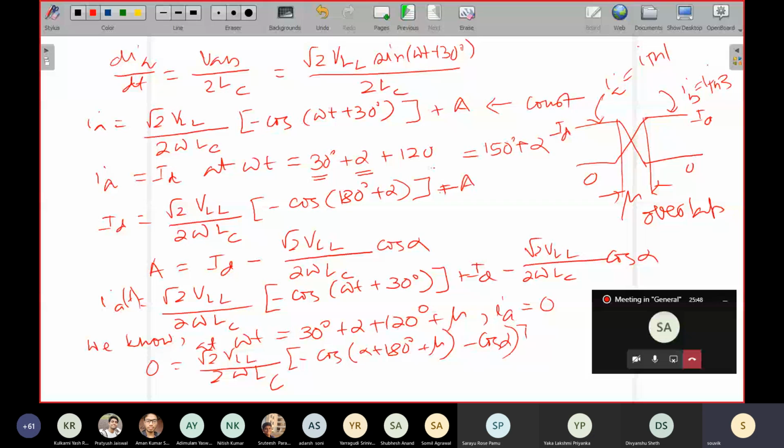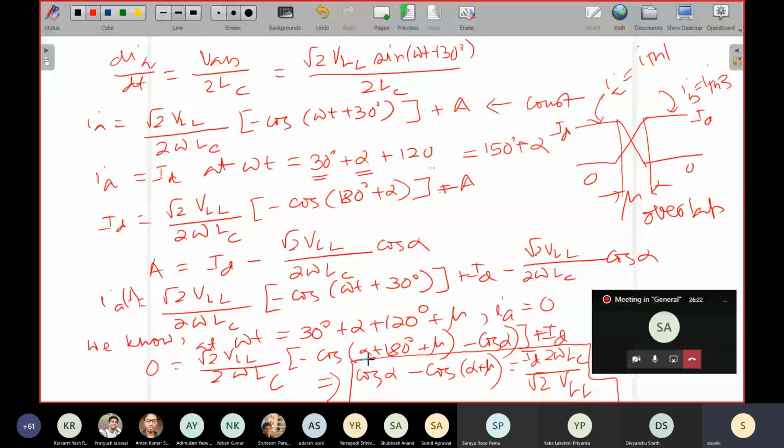After putting that, we get this situation. This implies that cos alpha minus cos of alpha plus mu is equal to ID times 2 omega LC by root 2 VLL. This is a very important expression that we are getting.